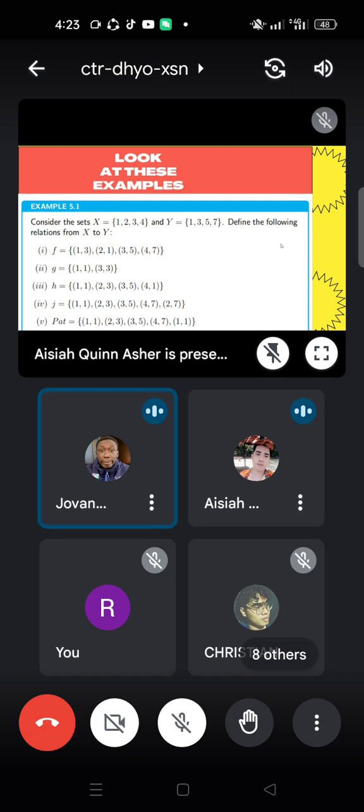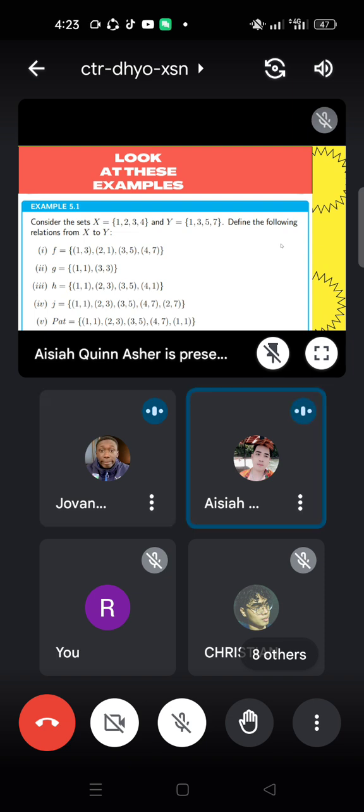How about number 4? What is violated there? The domain is 1, 2, 3, 4. Where is it violated, condition 1 or condition 2?